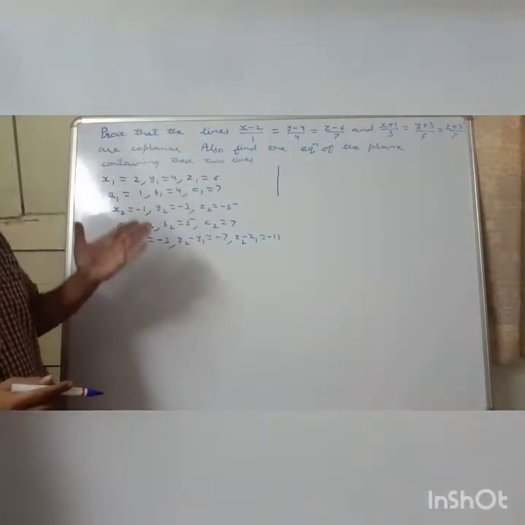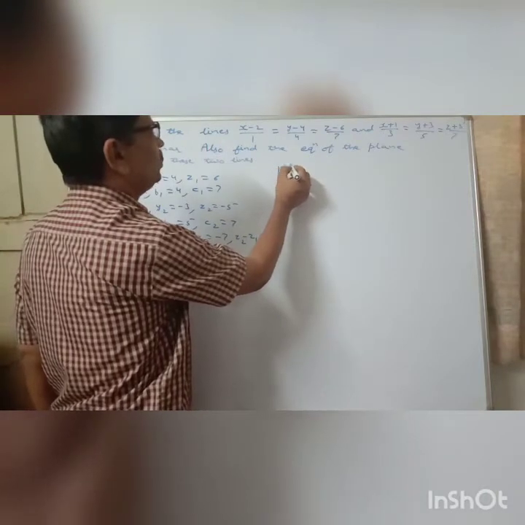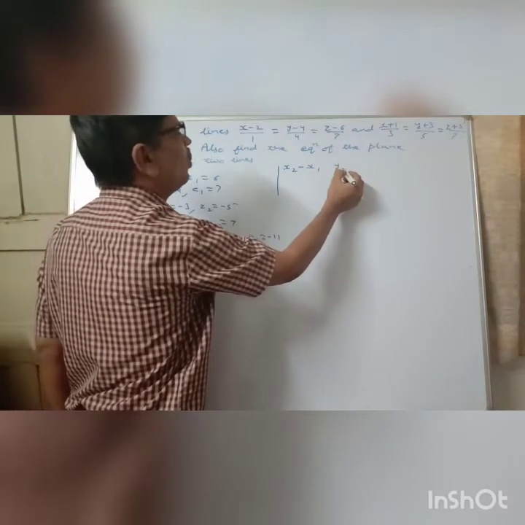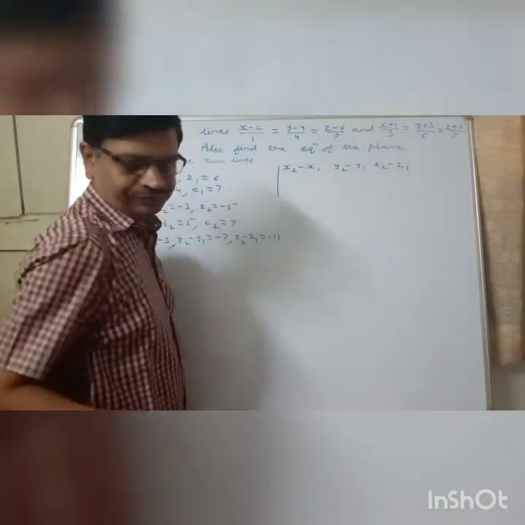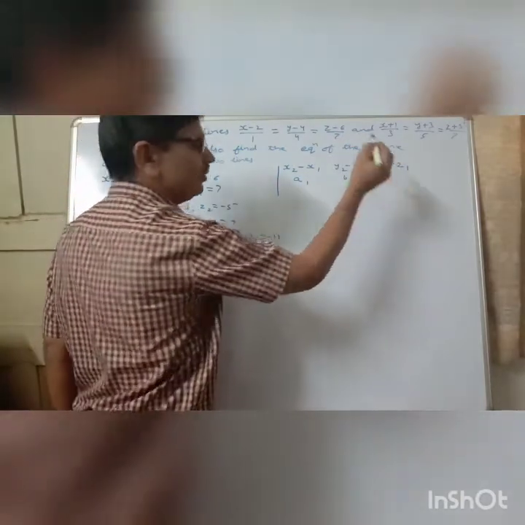Two lines are coplanar if the determinant is equal to 0. In the determinant, first row x2 minus x1, y2 minus y1, z2 minus z1. Second row, a1, b1, c1.